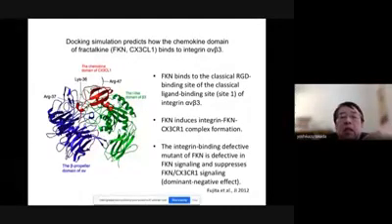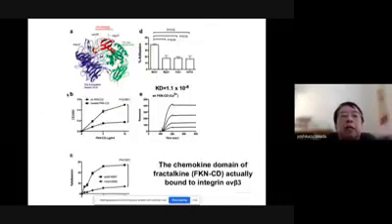So that is what we know, a kind of prediction. Okay. So we made again a mutant that is defective in chemokine integrin binding.